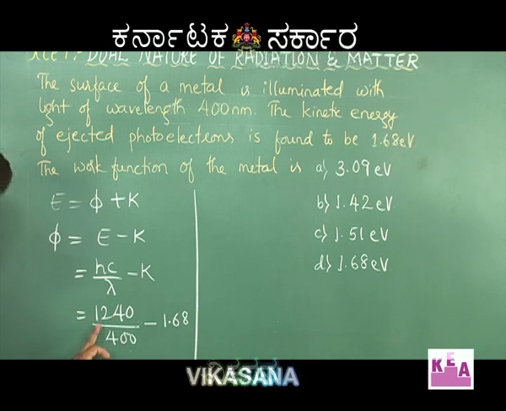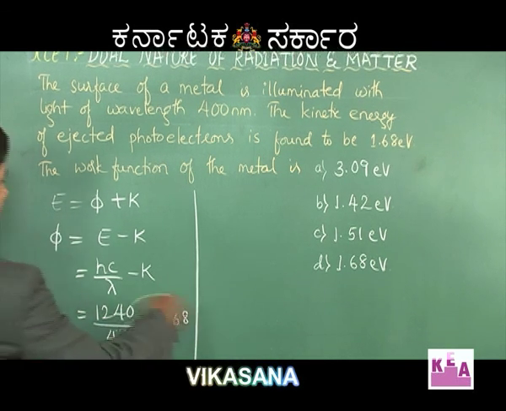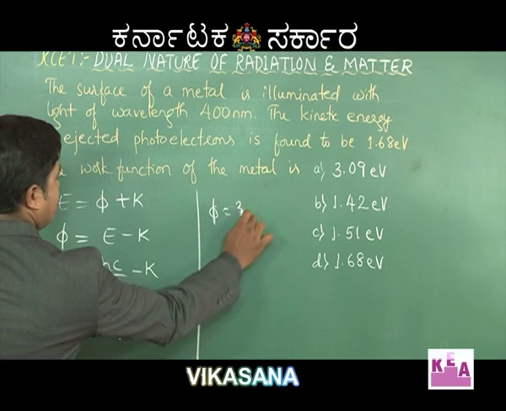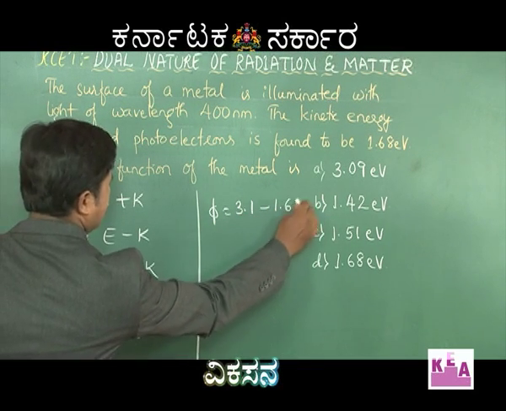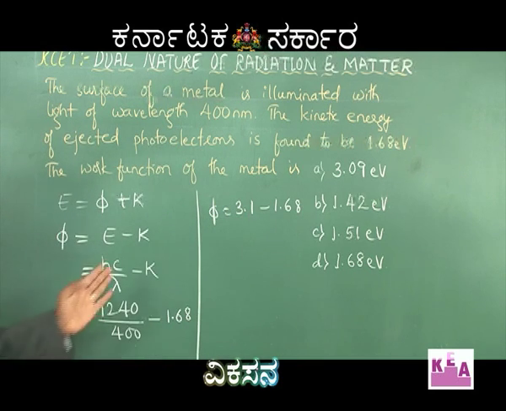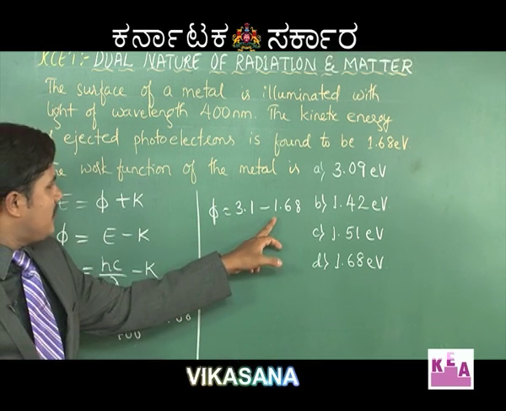This is 3.1 minus 1.68, approximately 3.1 minus 1.7. So it is 1.4 approximately.